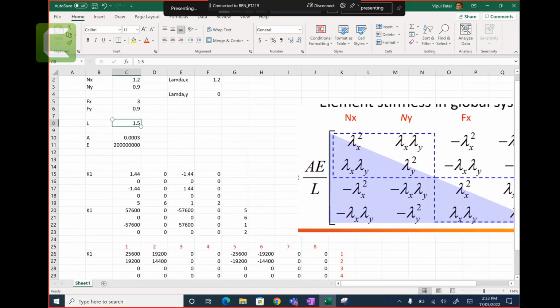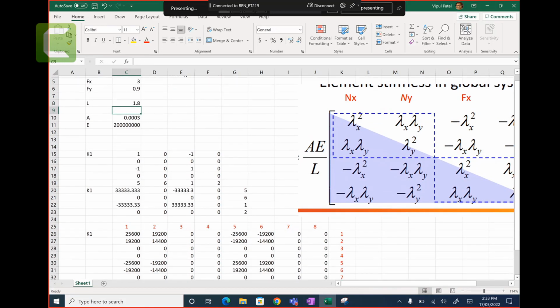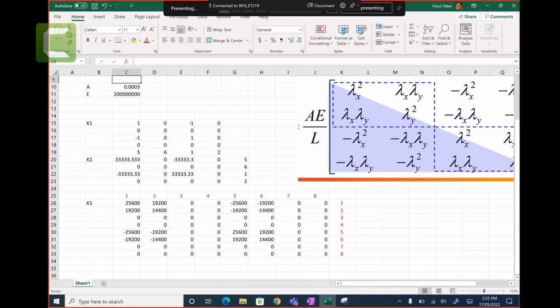And the length is 1.8. Right? You got K1, and these numbers should be changed as well. This is red and in the middle, and this will change in the middle. So let's change those numbers. Now this one 1, 2, 3, 4. Now let's do the K2 here.